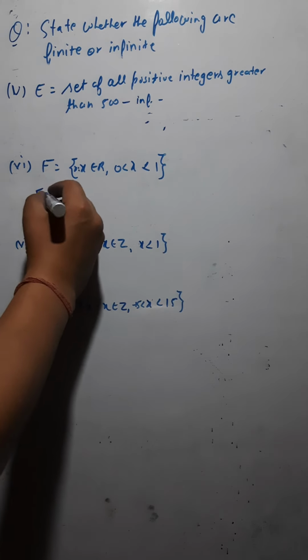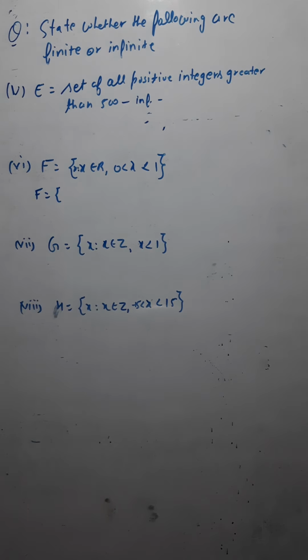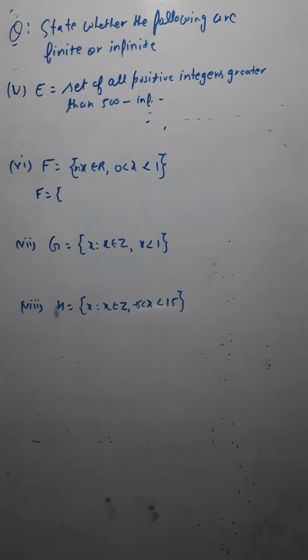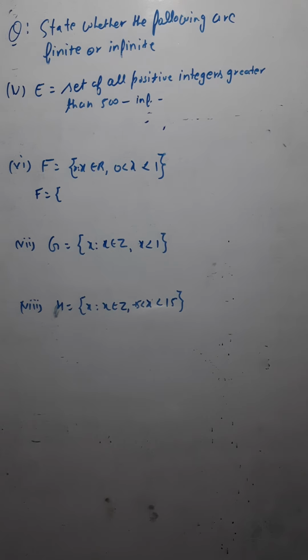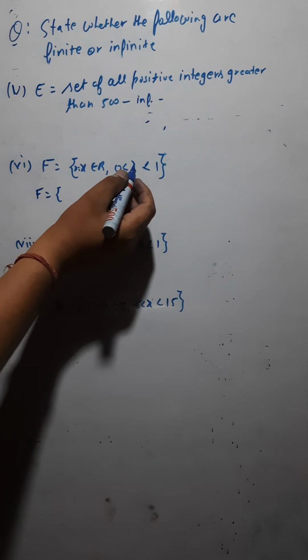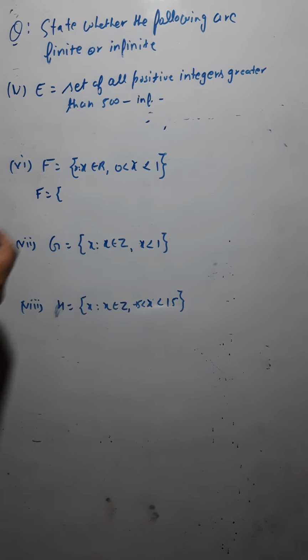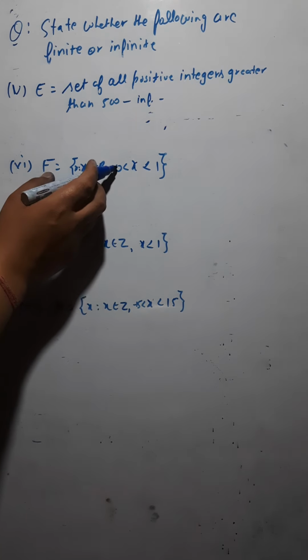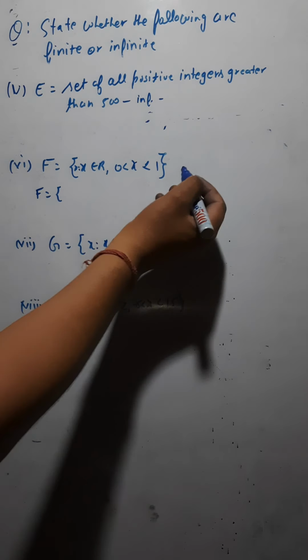Good. Now the next one, you have a set F, and this set contains the elements x such that x belongs to the set of real numbers. Now real numbers include rational as well as irrational numbers, means fractional numbers also, and the square root of 2 type numbers also. Now x is between 0 and 1, means all the numbers which are greater than 0 but less than 1.